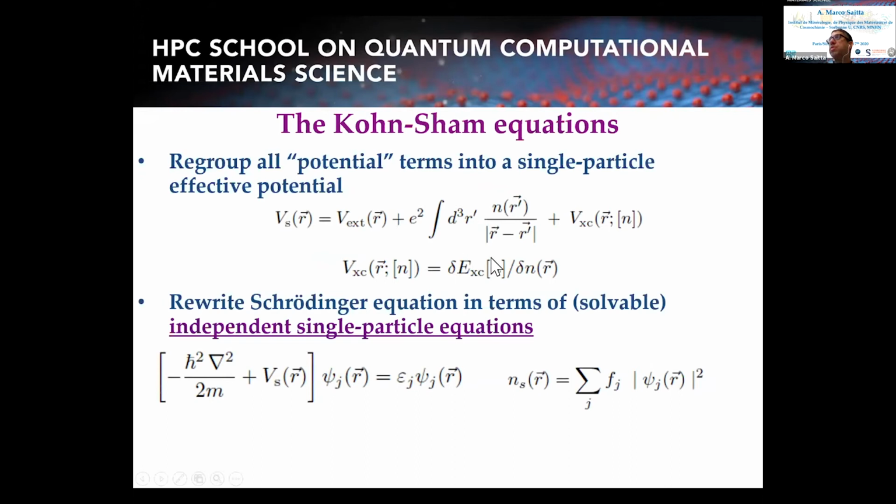But still, once you have a way to treat this functional, you get to the Kohn-Sham equations, which of course you solve in an iterative way.